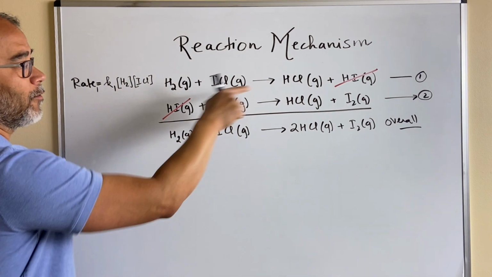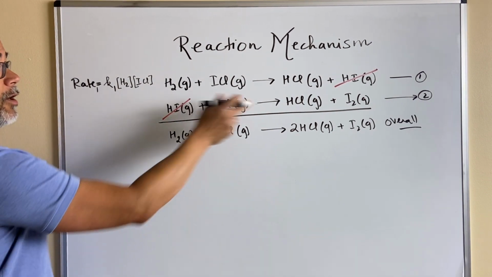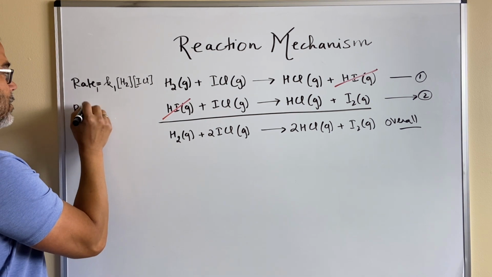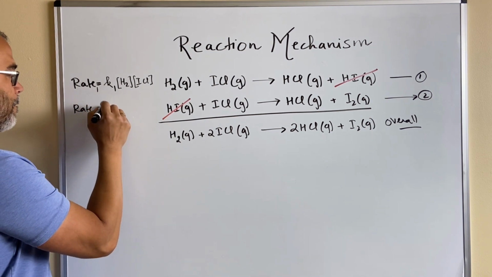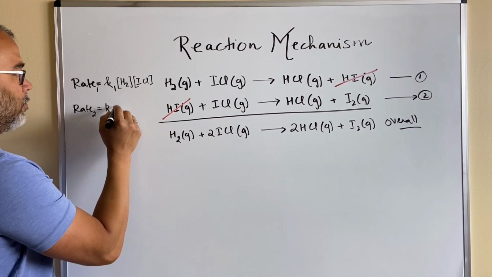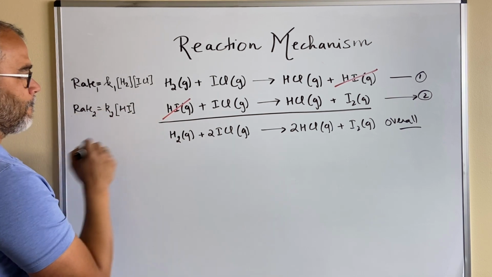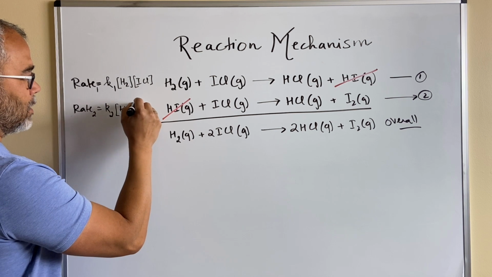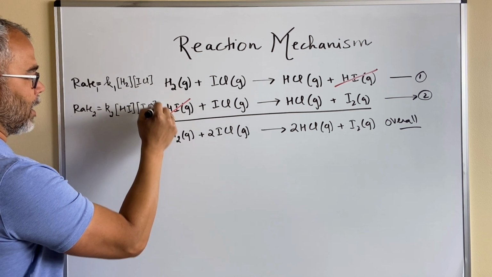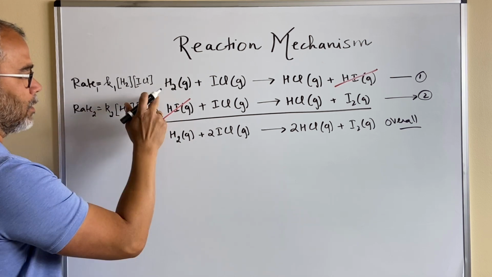So that is the rate law for the first elementary step. The rate law for the second elementary step is R2 equals K2 times HI raised to 1 times ICl raised to 1.